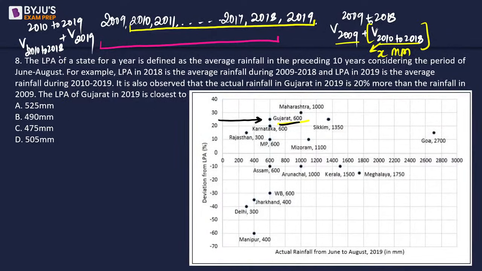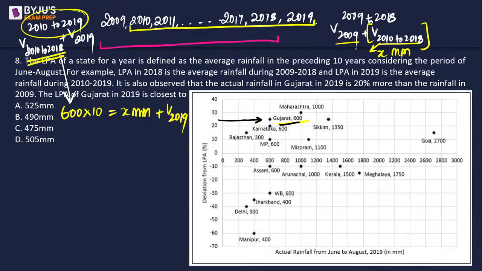Can we say that this is going to be 2010 to 2019 is LPA. It's not LPA, it's not average, it's the product of LPA into 10. So this average is given as 600. Since this is for 10 years, so we'll multiply it by 10. This is going to be equal to XMM plus the value in the year 2019, right?